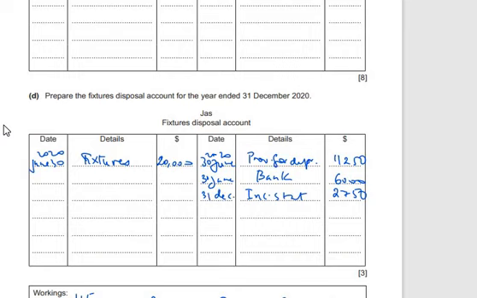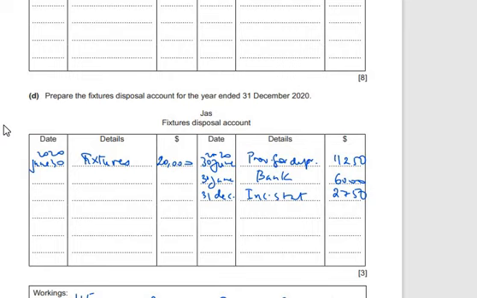Remember, in this case, we are going to debit income statement, which simply means that we have made a loss on disposal. You can prove that fixtures cost 20,000, provision for depreciation is 11,250, right? So if you can see, the net book value is actually much more than the 60,000 for which I have sold the asset.